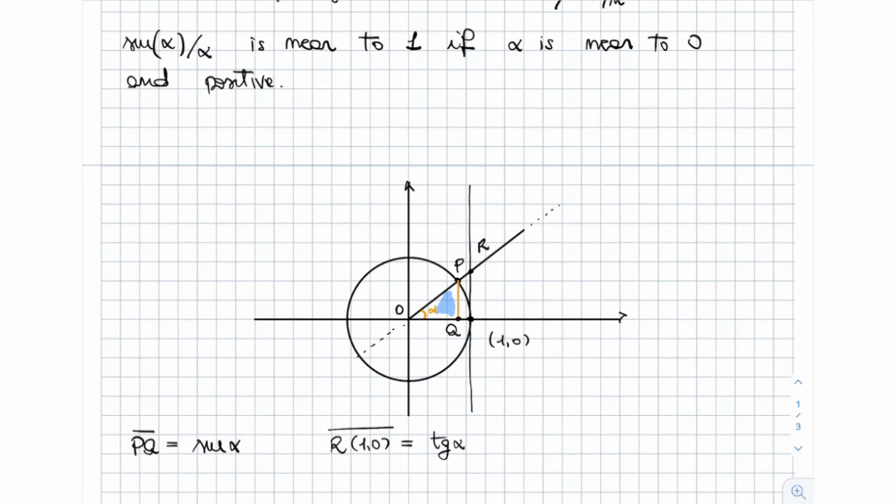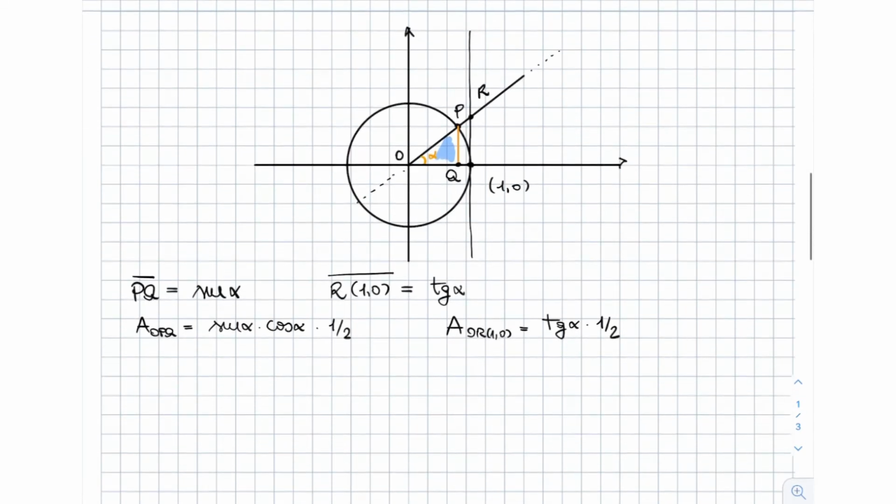And we know that the area of this triangle is given by sine of alpha times cosine of alpha times 1/2, because this is a right triangle. We also have another triangle, the one with vertices O, R, and (1, 0), and the area of this other triangle is given by tangent of alpha times 1/2, because even this triangle is a right triangle.